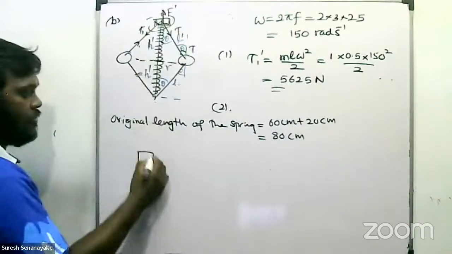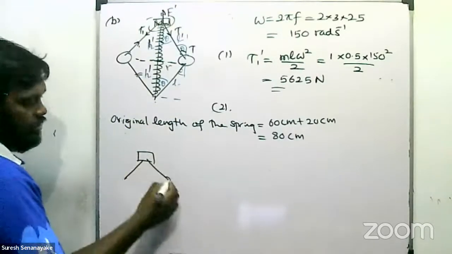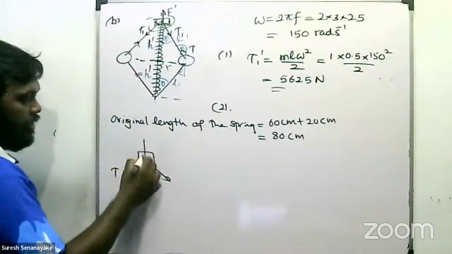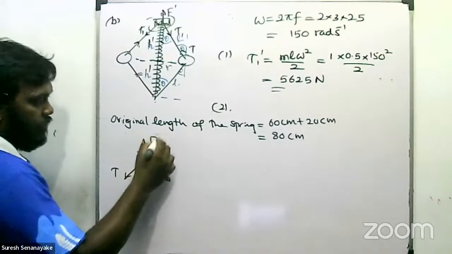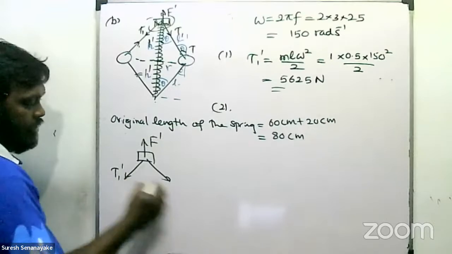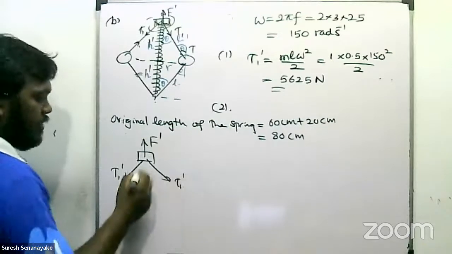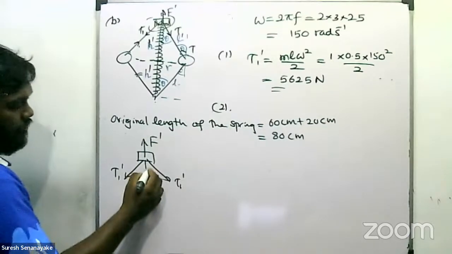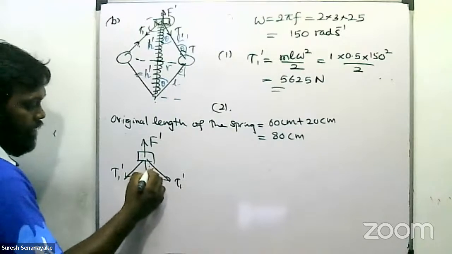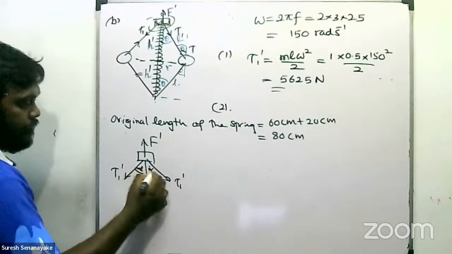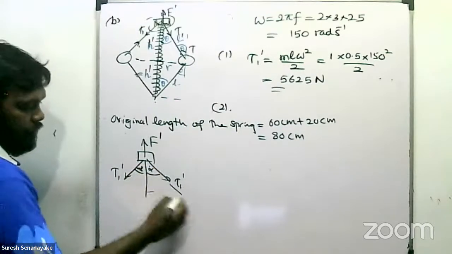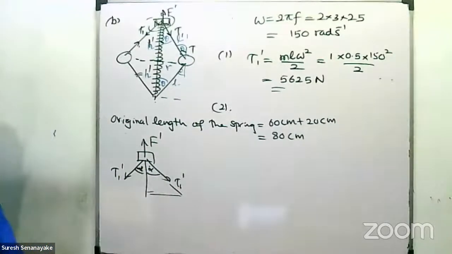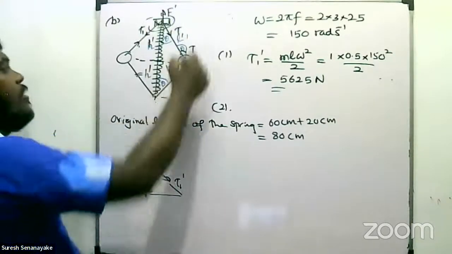The tension changes, so the force given here changes. Let's say T1 dash. This angle is also changing, so let's use a different variable, alpha. H is also changed now. L is the same, L is a rod.